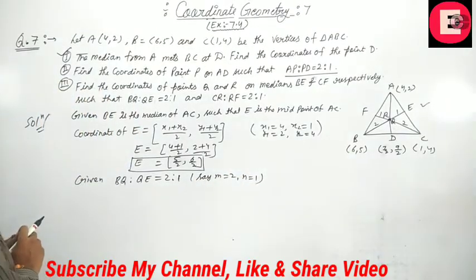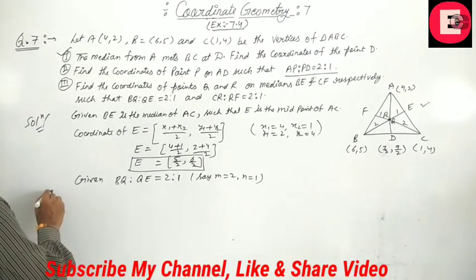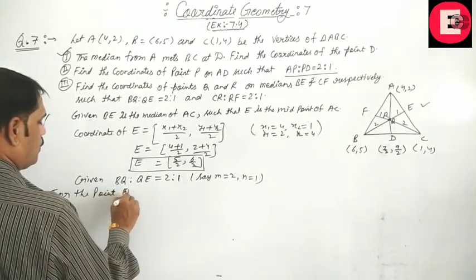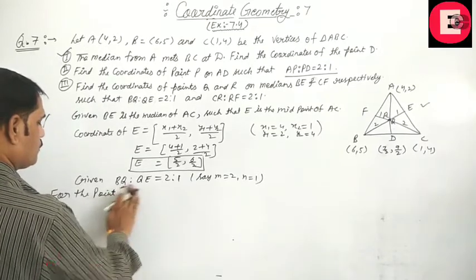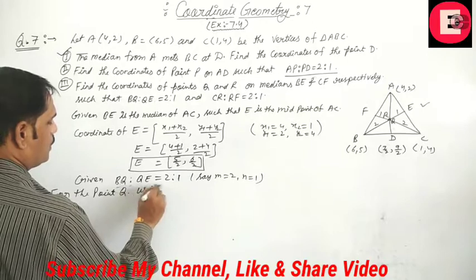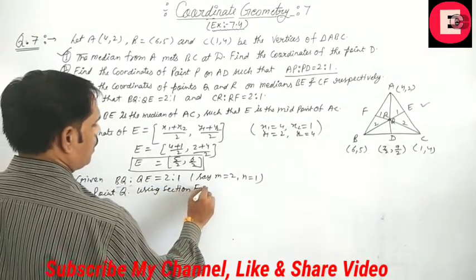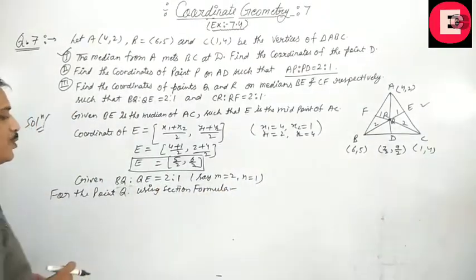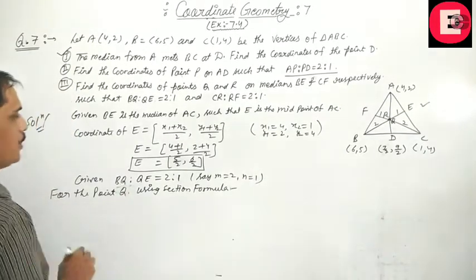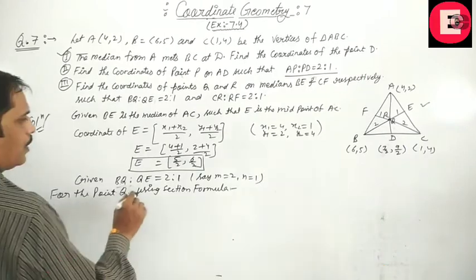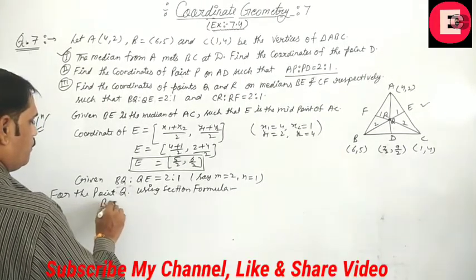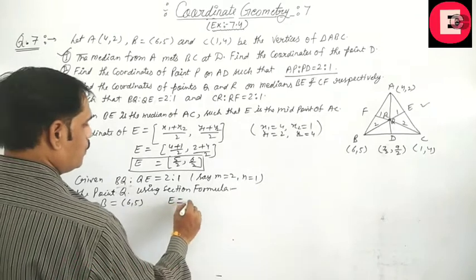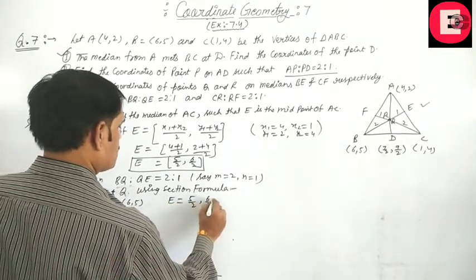Now for the point Q, we will again use the section formula to find the coordinate of Q. Here B is equal to (6, 5) and E is equal to (5 upon 2, 6 upon 2).